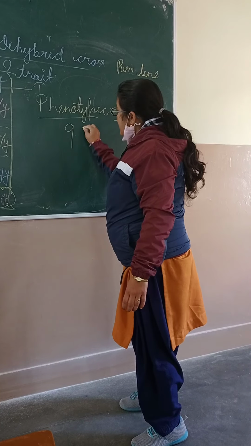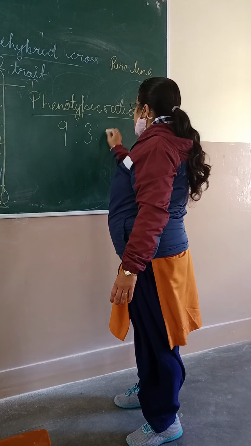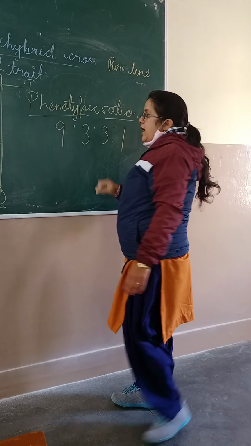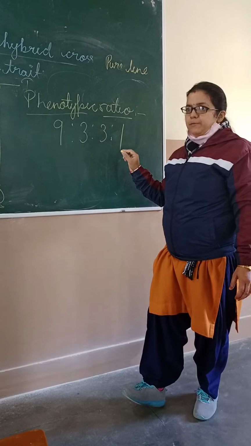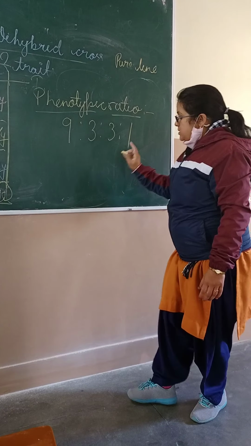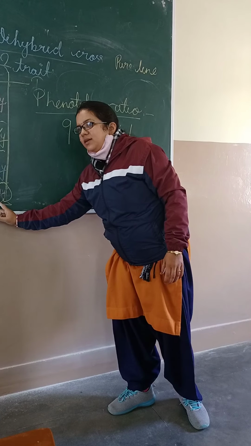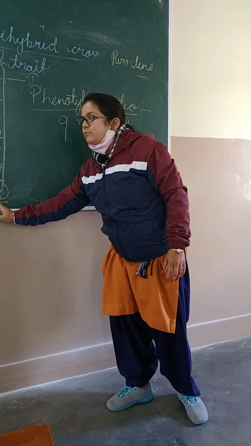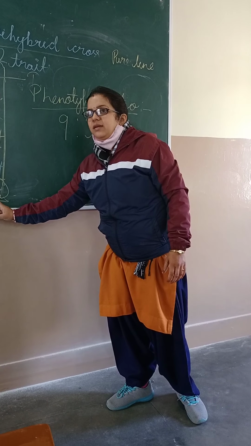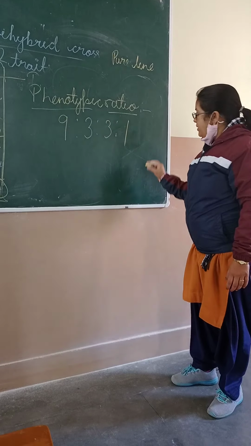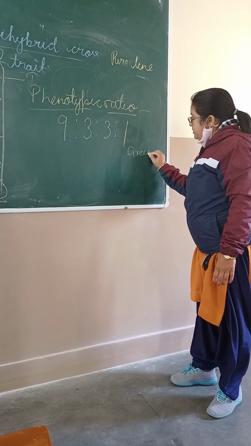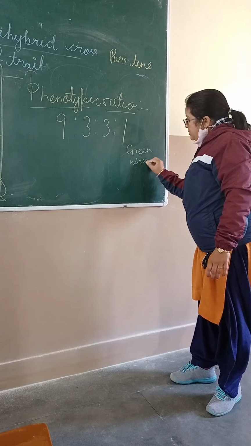I am writing here 9, 3, 3, 1. I will show you all these. One is automatically identified. This is it. What is this? Wrinkled green. Okay. So one is wrinkled green.